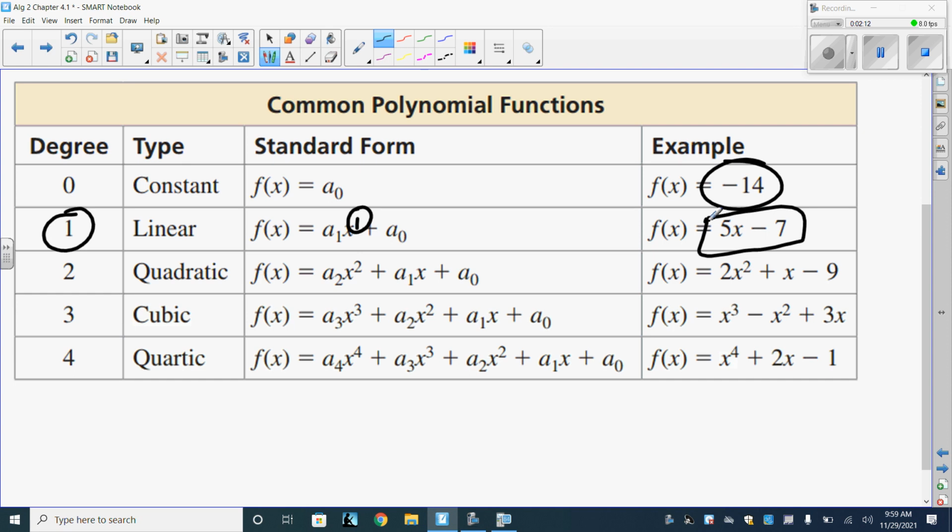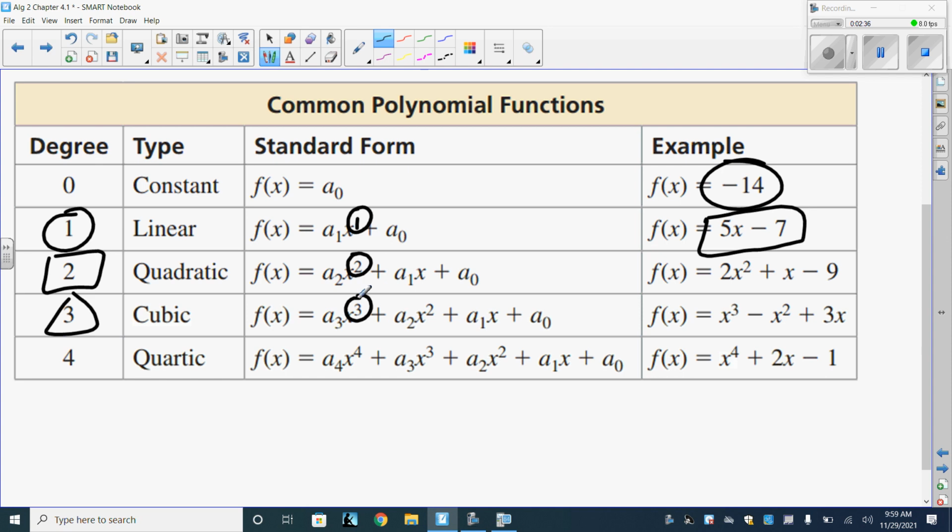Now, quadratics, we dealt with those in chapter 3, would have a degree of 2 because the biggest exponent is 2. A cubic would be a degree 3 because the biggest exponent is a 3. And the last one that we have is a quartic.